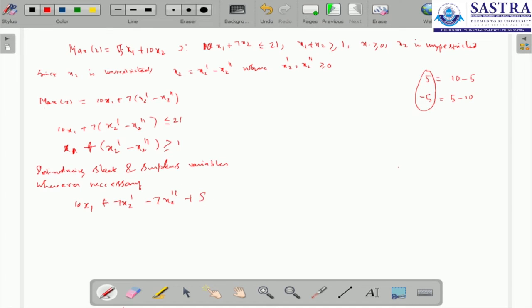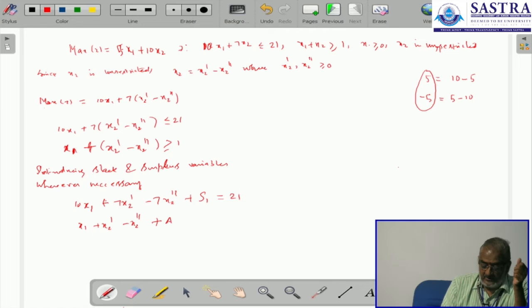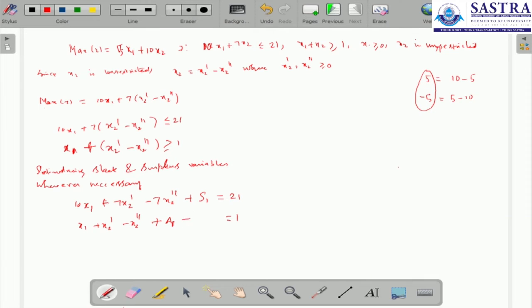Similarly, x1 plus x2' minus x2'' plus an artificial variable a1 minus s2 equal to 1, since it is greater than or equal to. Now, how does the objective function become? Maximum of z equal to 5x1 plus 10x2 plus 0s1 plus 0s2.